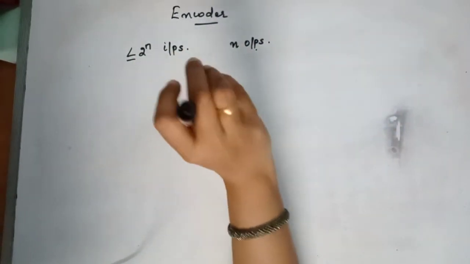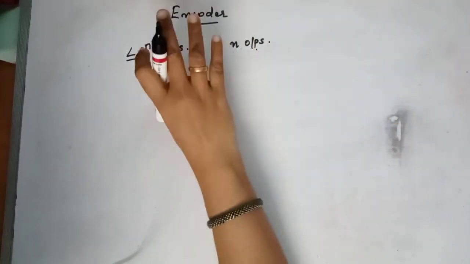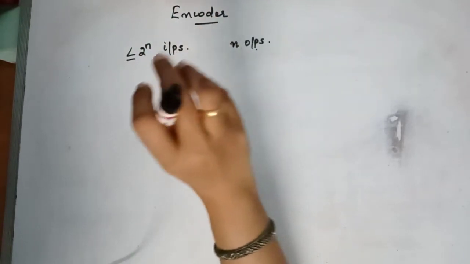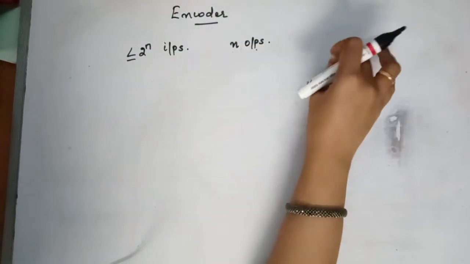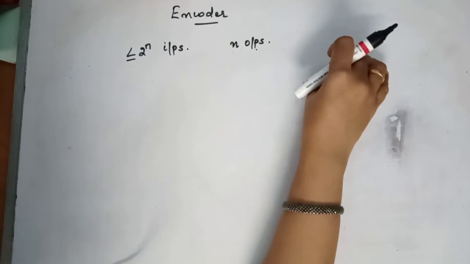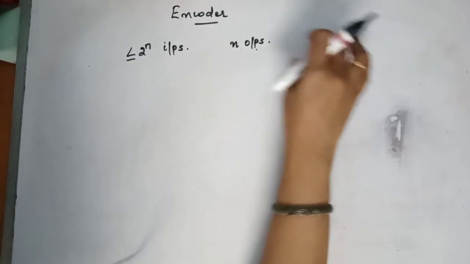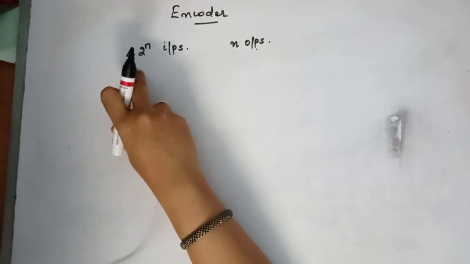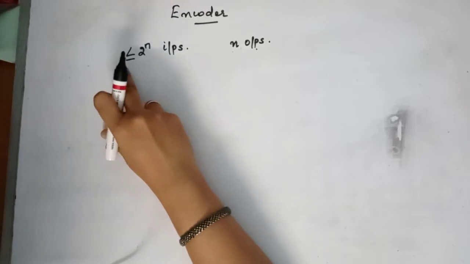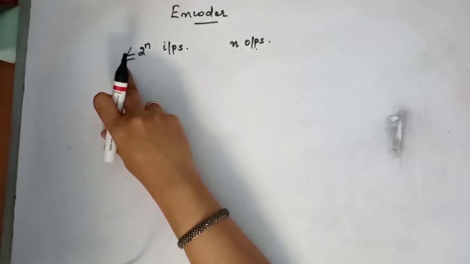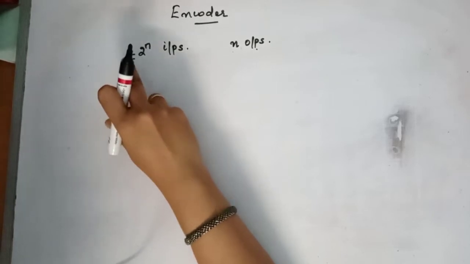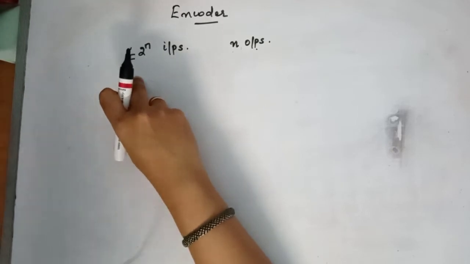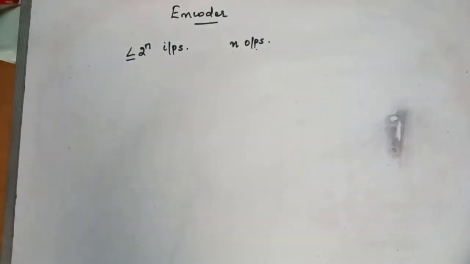Okay, n select lines means 2 raised to n input lines in mux, and n select lines mean 2 raised to n output lines in the case of demux. In the case of encoder, it is not always 2 raised to n. It can be 2 raised to n, but it can also be less than 2 raised to n. It needn't be equal to 2 raised to n always. Okay, it is either less than or equal to 2 raised to n inputs.